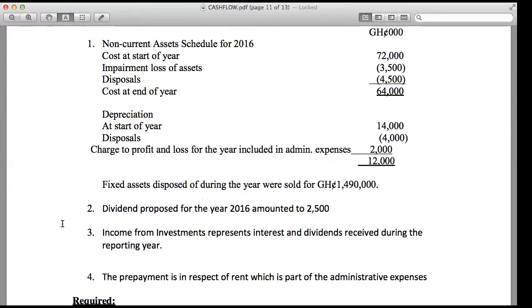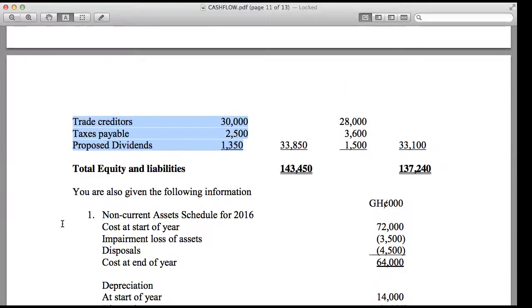Nothing was said about that. So where there's no interest payable and no note about the interest, it means there's no interest owing. If there's interest owing, it will be part of the current liabilities, and it's not here.